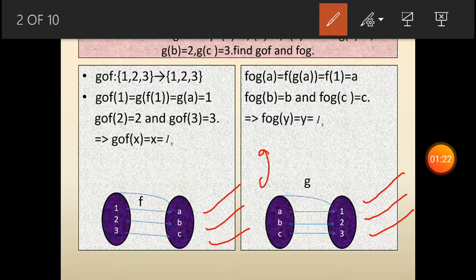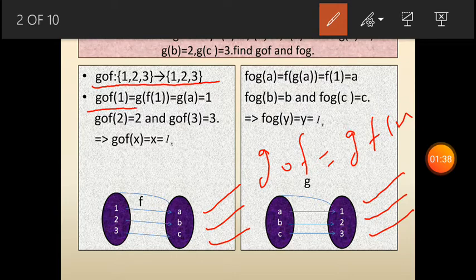gof, you have already studied, is equivalent to g(f(x)), which we studied in the composition of functions. Here gof is a function from A to C, so the domain is {1, 2, 3}. According to the domain, the first value will be 1.